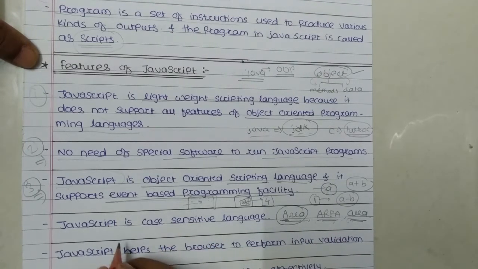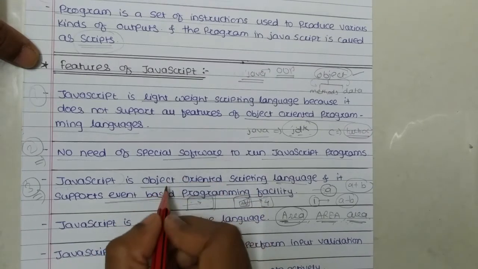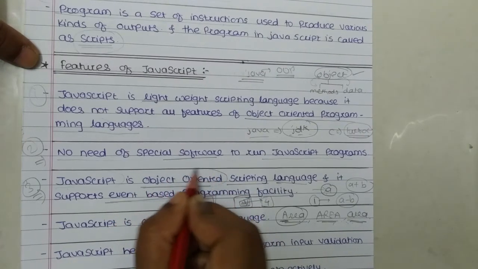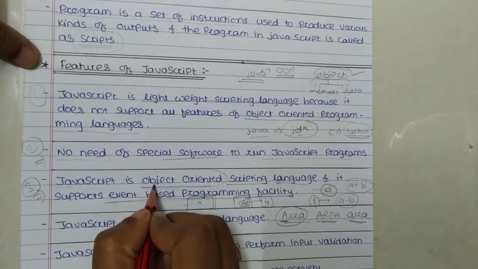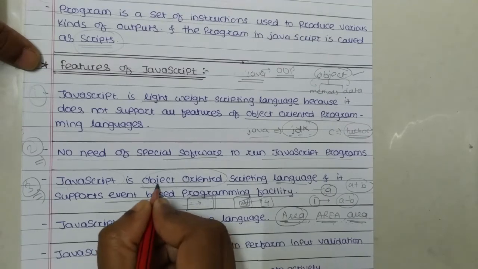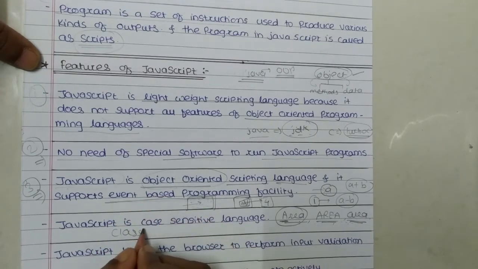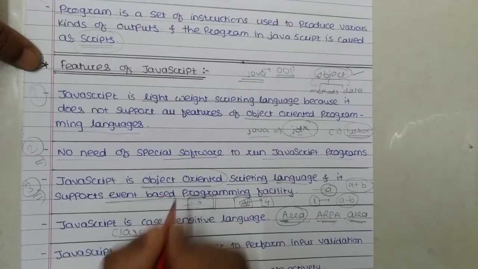When we write any class name, the first character is a capital letter. As we know that JavaScript is an object-oriented scripting language, and if objects are there, that means classes are there. How to create the objects? We first create the class, and according to that class we create the objects.